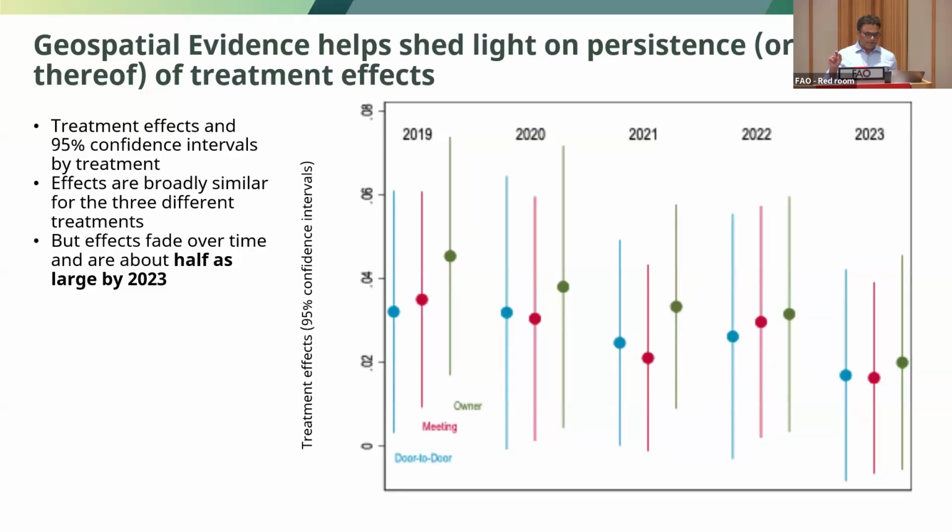But effects fade over time and are about half as large by 2023. In the graph, you see that once the intervention was applied, it stayed for the next 2-3 years, but then it started declining, and it declined a little bit by 2023.